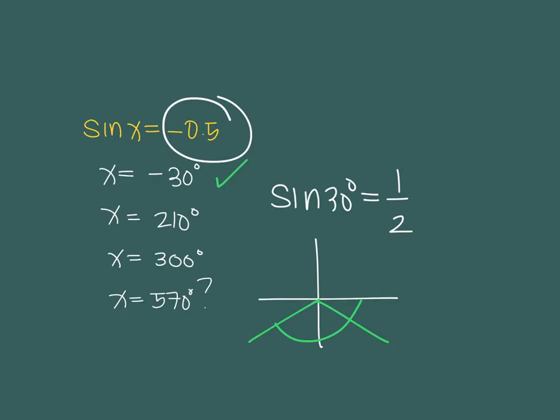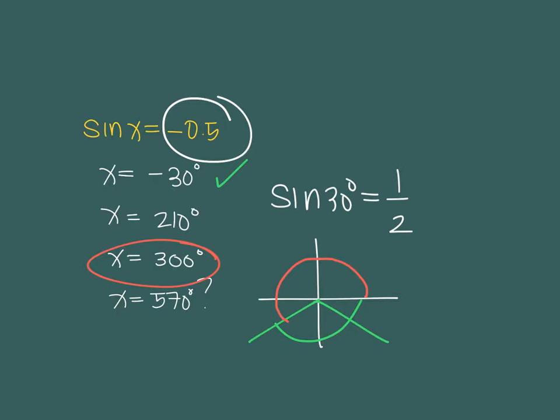Okay, now suppose we limit the answers to positive numbers. Then 210 came from 0 up to this terminal side, that's 180 plus the reference angle 30. So 210. And then you got the 300, it's the opposite of the negative 30, right?